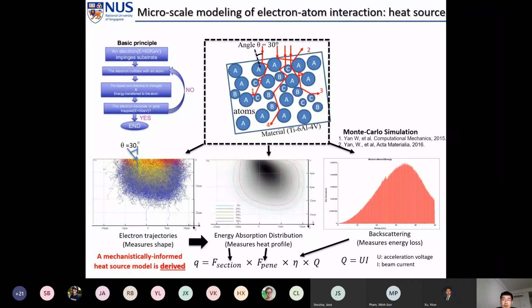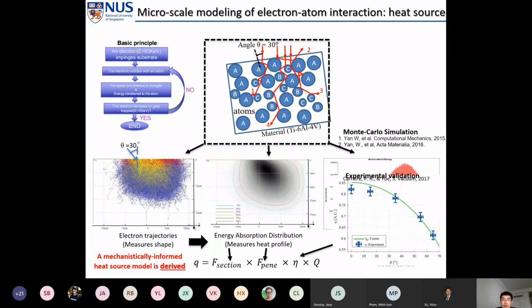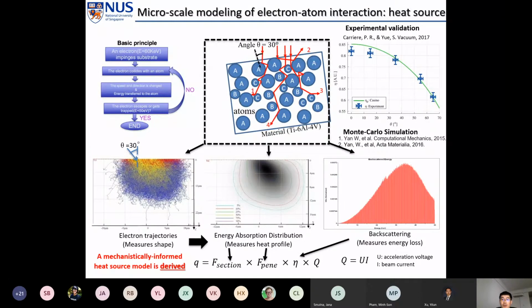Okay, so for this micro-scale simulation, one group from Canada used a very similar model and did experiments to validate the model. So they did the experiments and simulation at different incidence angles, from 0 to like 70 degrees, and you can see the experiments and simulation agree pretty well.